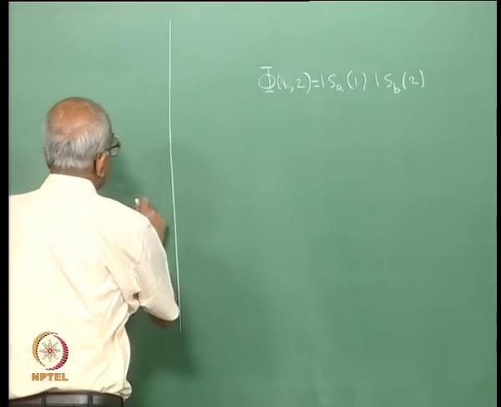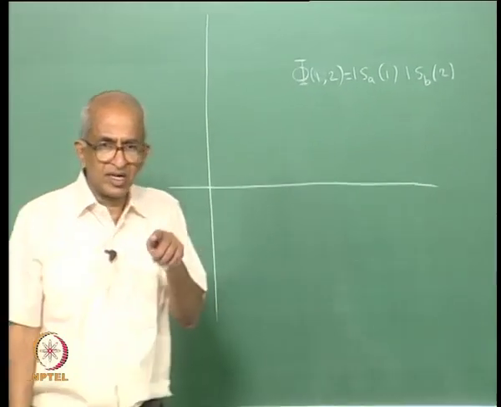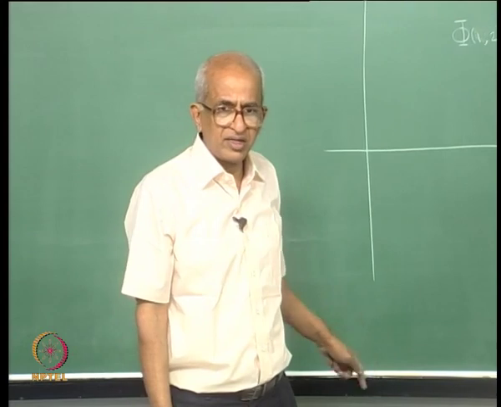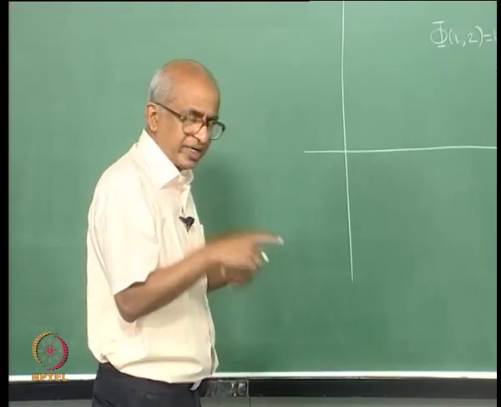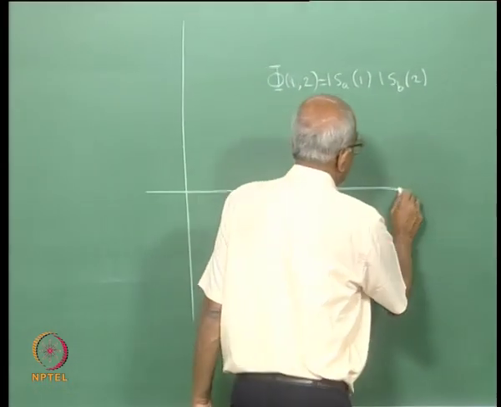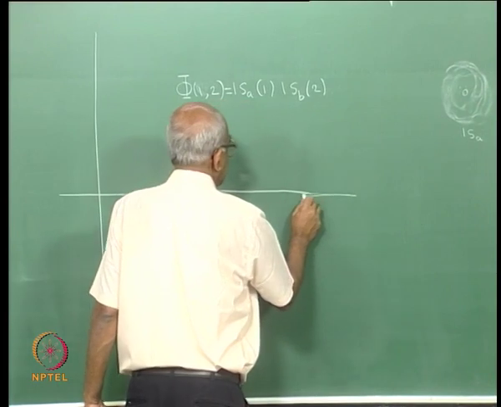energy curve. What do I mean by a potential energy curve? A curve in which the electronic energy is plotted as a function of internuclear distance. We have been doing that, though I did not use the word earlier. So I will get a potential energy curve for the system, which would look something like this.